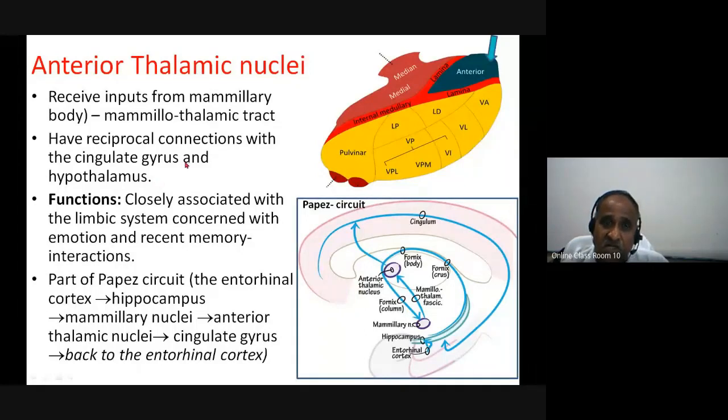This is the cingulate gyrus here. It connects with the limbic areas, the hypothalamus, and many more. The functions are closely associated with the limbic system, concerned with emotion and recent memory interactions.